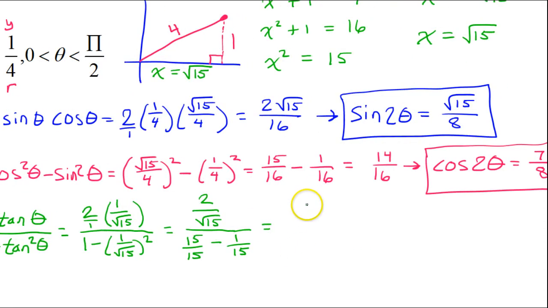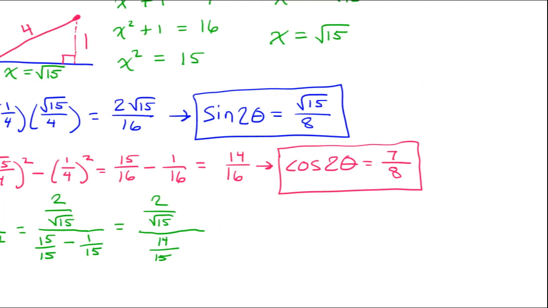So this is going to give me 2 over radical 15 over 14 fifteenths. Okay, interesting.